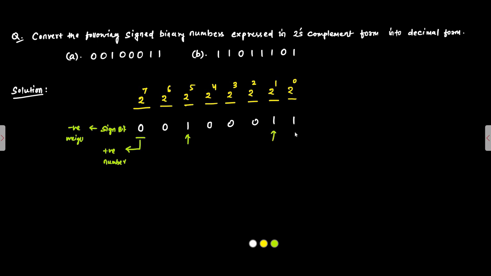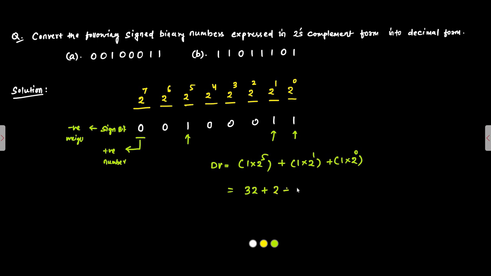So directly, the weight positions which will play a role are the bit position 1 at 2 to the power 5, the bit position 1 at 2 to the power 1, and the bit position 1 at 2 to the power 0. So the decimal value is 1 into 2 to the power 5 plus 1 into 2 to the power 1 plus 1 into 2 to the power 0.